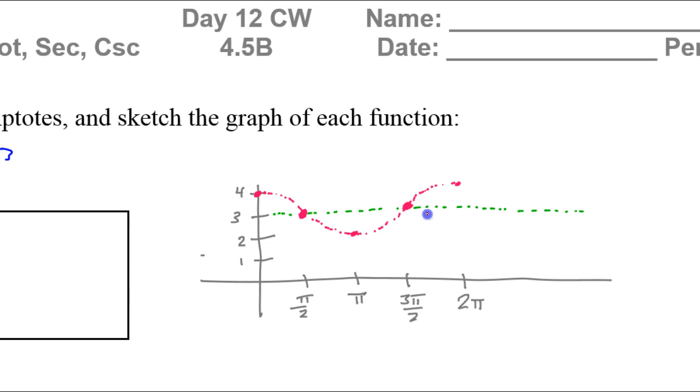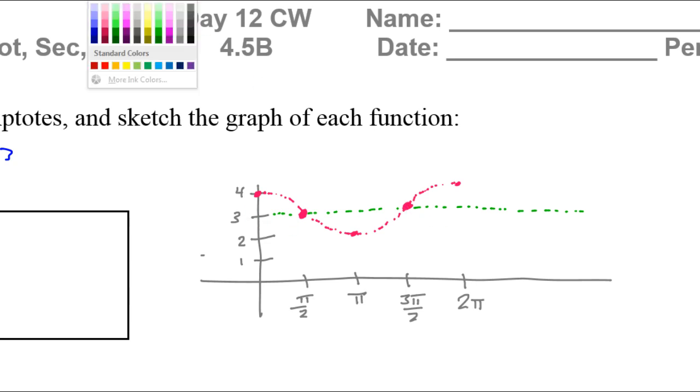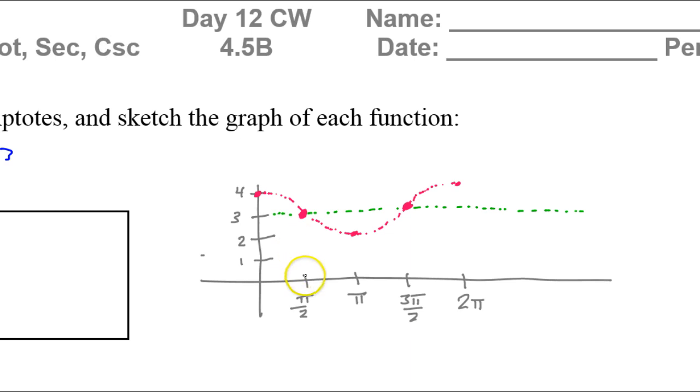Those 2 points were the 0 points. So that's where the asymptotes are going to be. So there should be a vertical asymptote here and a vertical asymptote here. It's where cosine was 0 before we shifted things around. So I know I'm going to have vertical asymptotes in those 2 places.